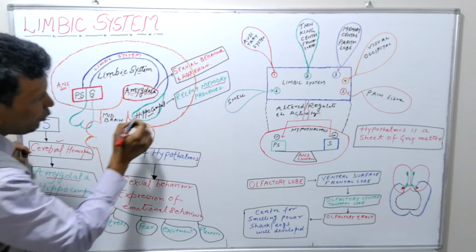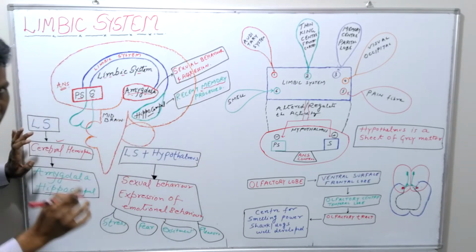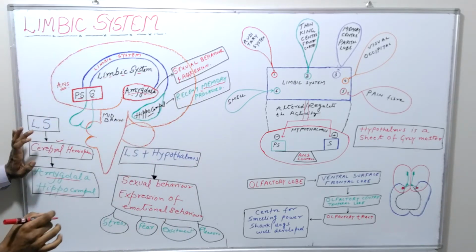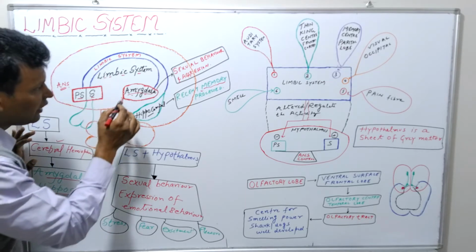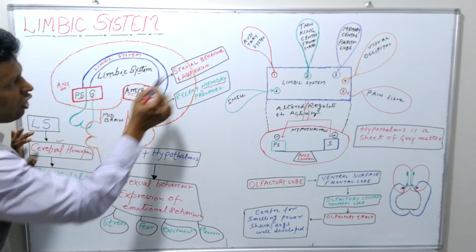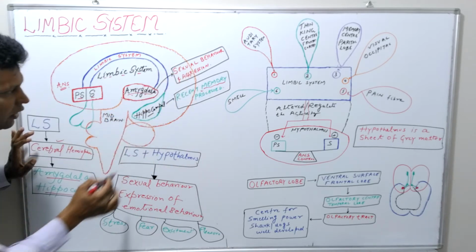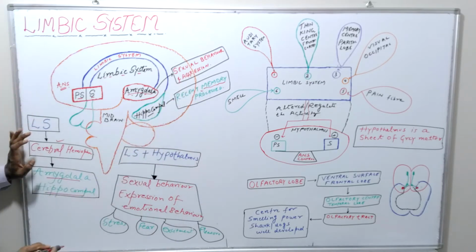And the hippocampal area is associated with your recent memory process. What does it mean? It means that if this area is damaged, you will lose your sexual behavior. If this area is damaged, you will lose your memory.